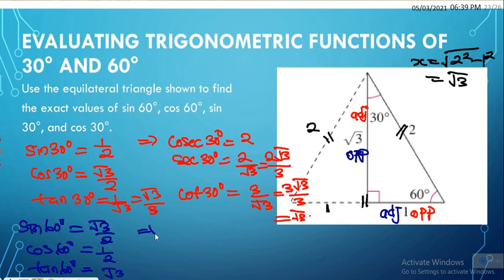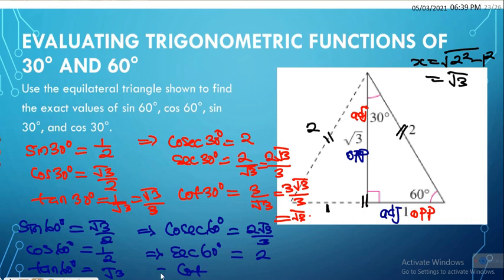And then from there we can obtain cosec 60 degree to be 2 root 3 over 3, sec 60 degree to be equal to 2, and then cot 60 degree equals 1 over root 3, which is root 3 over 3. So these are the special angles of 30 degree and 60 degrees.